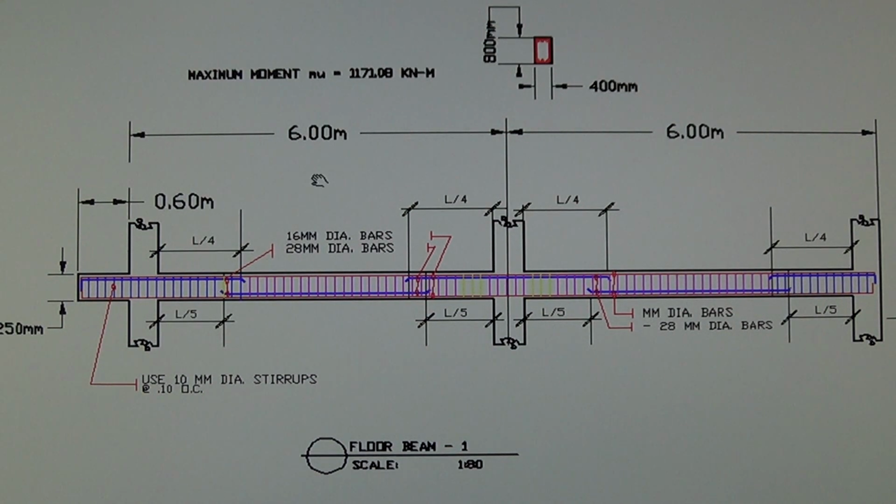The beam has two spans, 6 meters each. This is the beam from the apartment building. This cantilever right here is the balcony of the apartment.